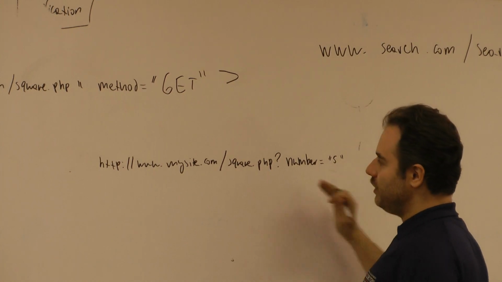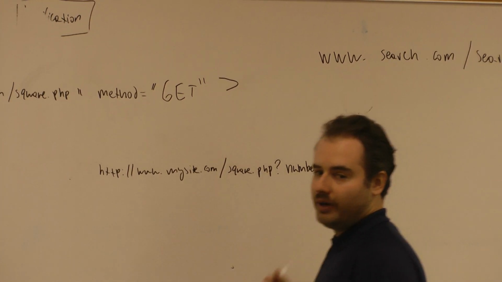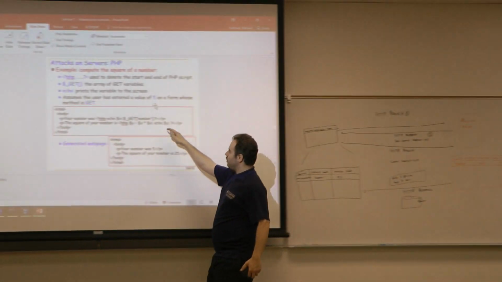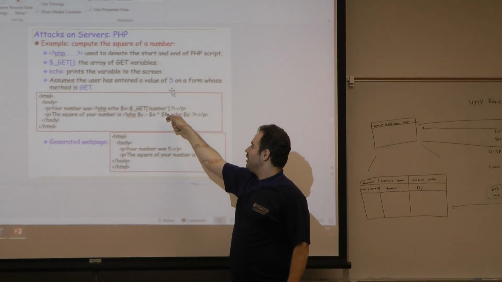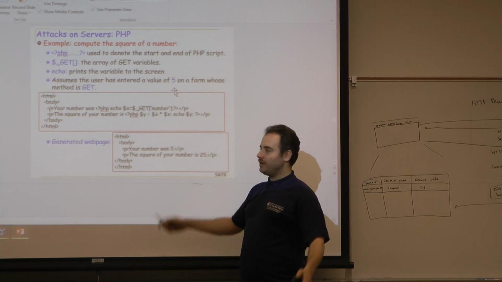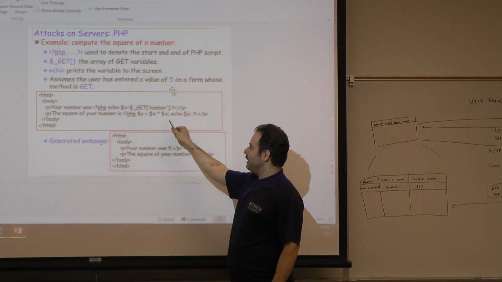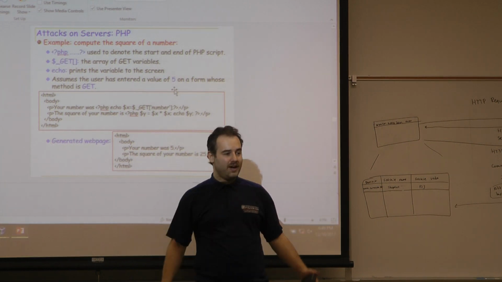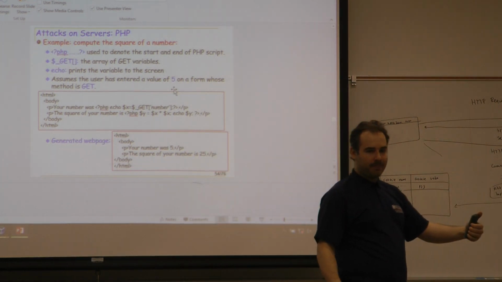Okay? So this is what's going to be in the URL field when it's sent to the server. And then the server is going to execute the PHP script, pull out the value of number, multiply it by itself and store the result in variable y, and then print the value of y on the web page. Makes sense, right?